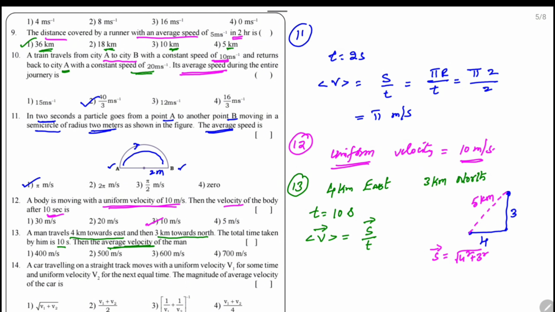Right? It's a Pythagorean triplet, we know that. Average velocity is equal to displacement, 5 km, divided by 10 seconds. But the answer is in meter per second, so convert that kilometer into meter, so that 5000 meters divided by 10 seconds, which is equal to 500 meter per second. Hope you understood.